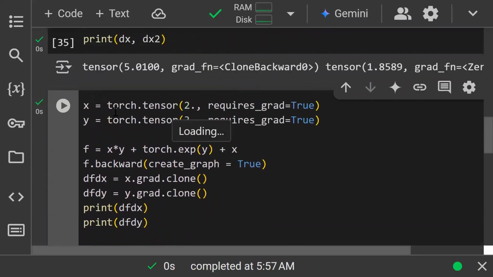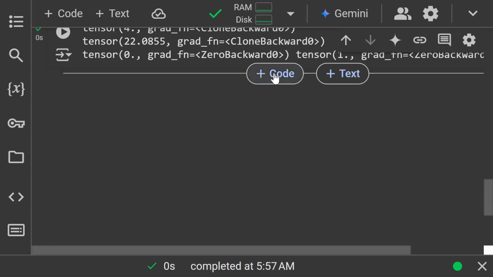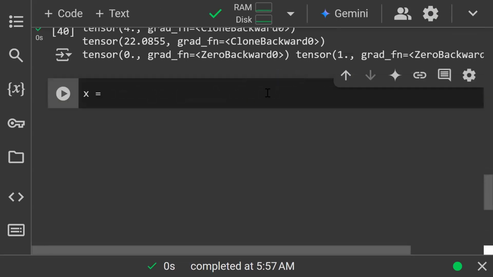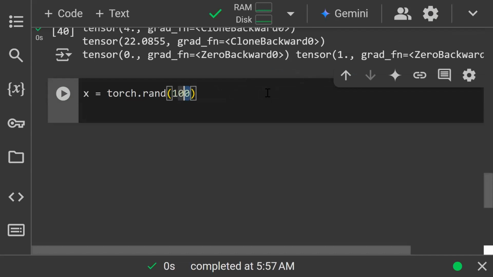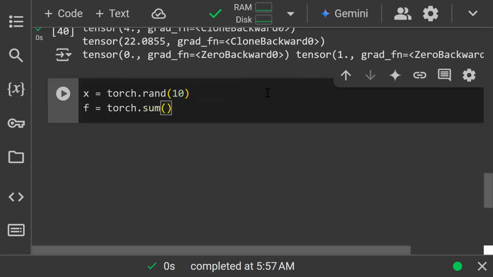Instead of this, I should just create a vector. Now I have torch rand, and then say 100-dimensional vector. Well, that's too ambitious. Let's go with 10-dimensional vector, and then my function f is, let's say, torch dot sum of x square, maybe.